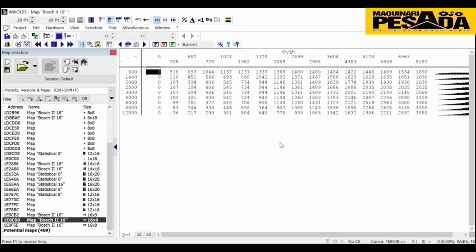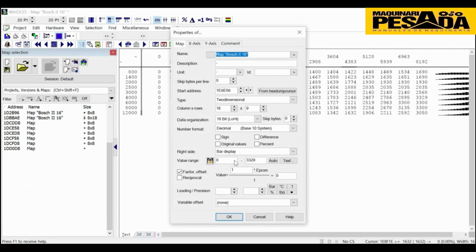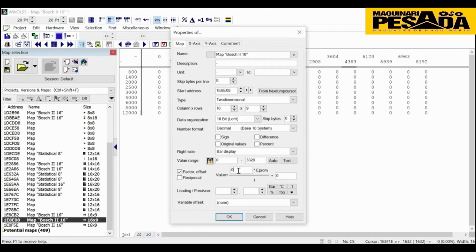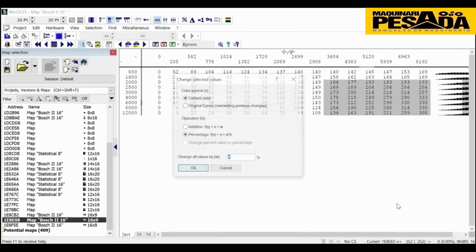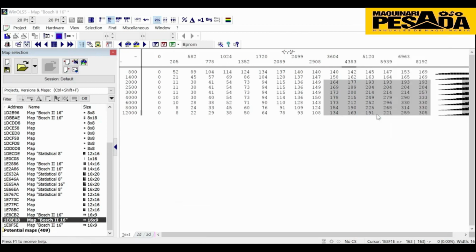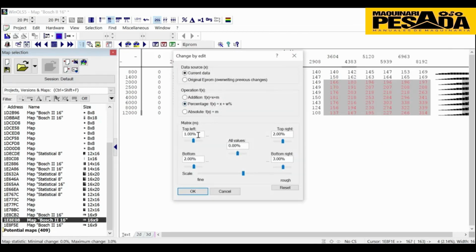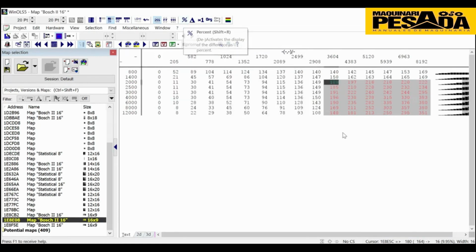And about the torque request, here the factor is different, it is 0.1, looks like this, and you need to only increase here around, for example, 10%, 20%, and sometimes you can add, for example, 10 to 15, 10 to 15, and in this way you can see that increase.